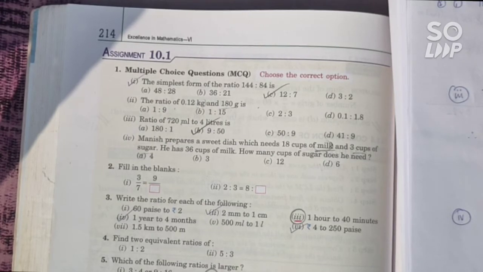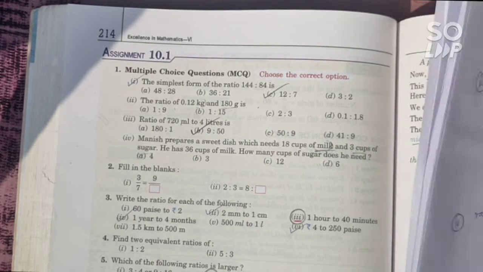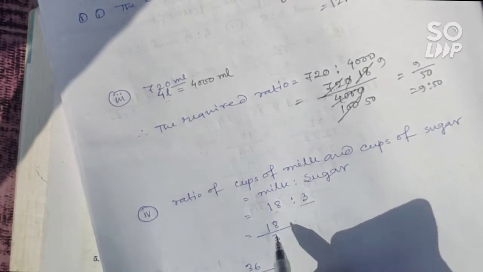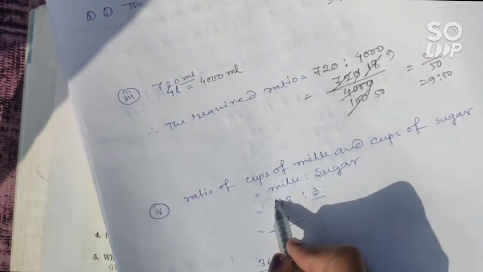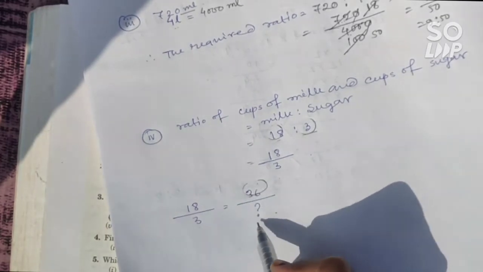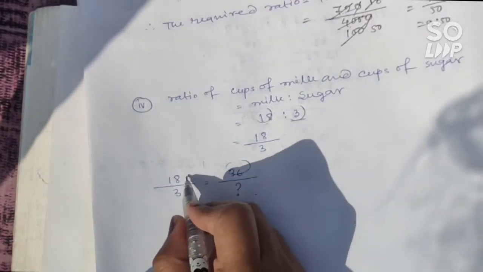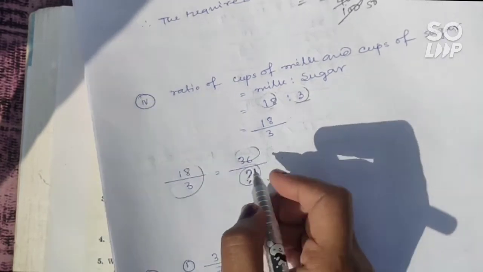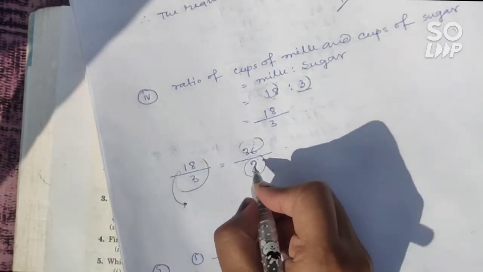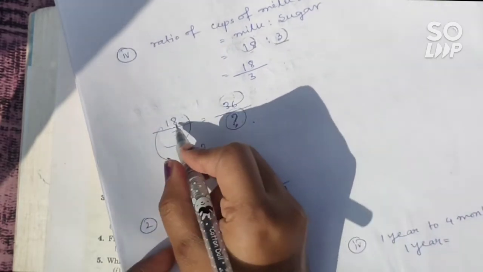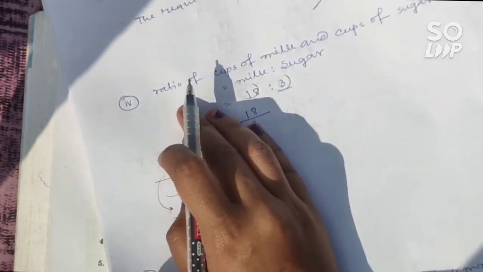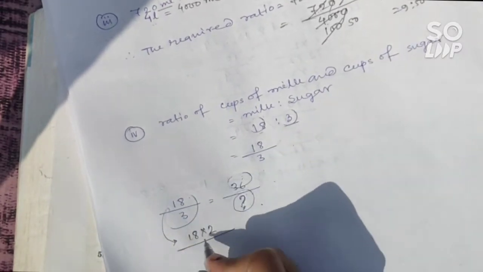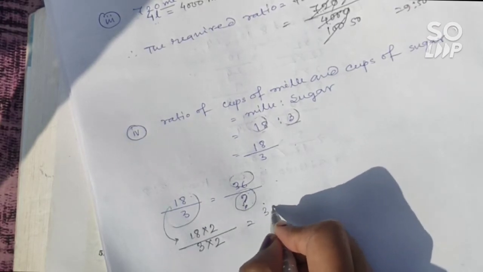How many cups of sugar does he need? The ratio of cups of milk to cups of sugar is 18:3, so 18/3. We need to find the cups of sugar for 36 cups of milk, so 18/3 equals 36 over question mark. We will find the equivalent ratio. We get 36 from 18 by multiplying by 2, so we also multiply 3 by 2. So 36 by 6.